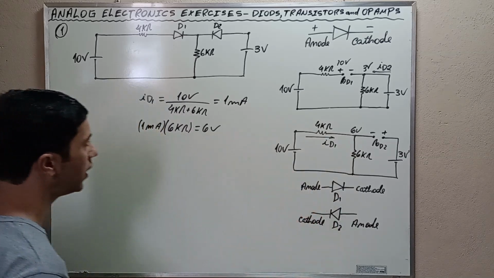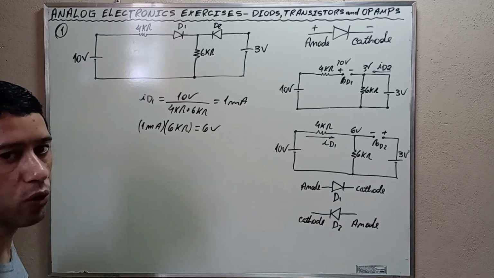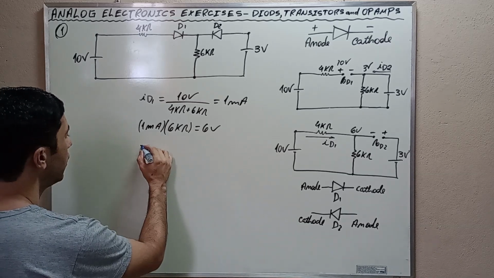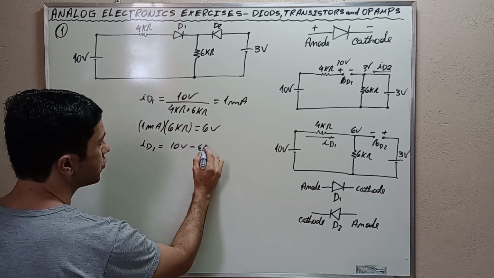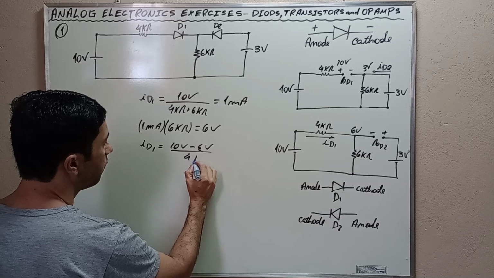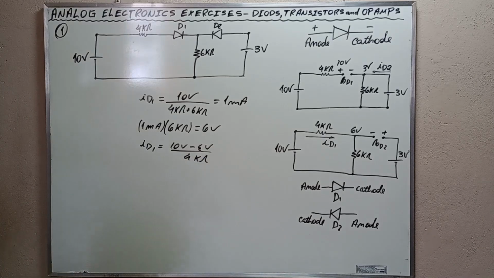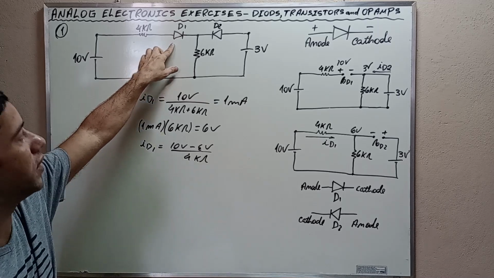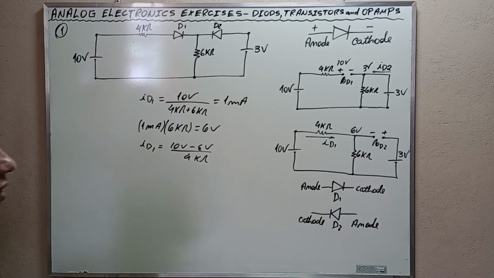ID1 can be calculated as this as well. Another way of calculating ID1: ID1 is equal to 10 volts minus 6 volts divided by 4 kilo ohms. Okay? Then our assumption that D1 is on holds true. It is consistent with the observation of the circuit.